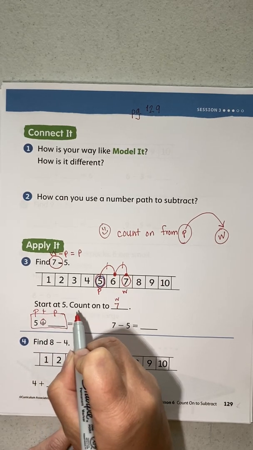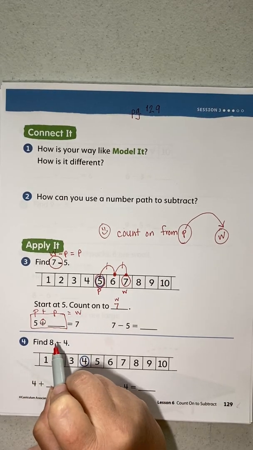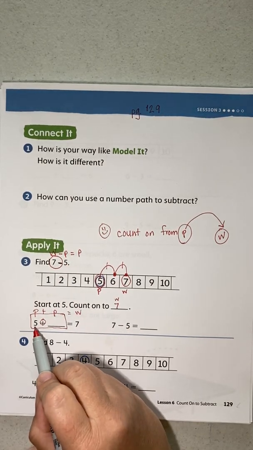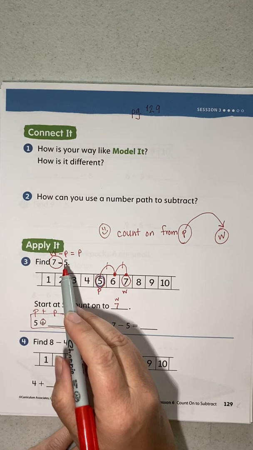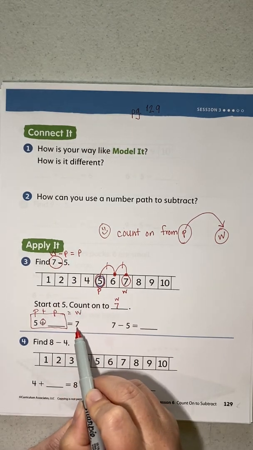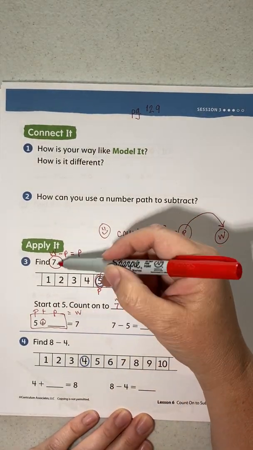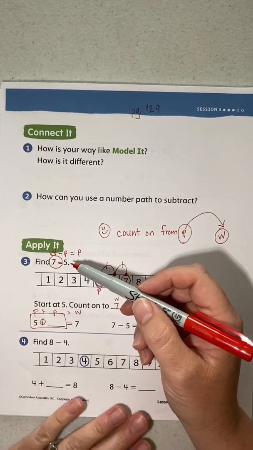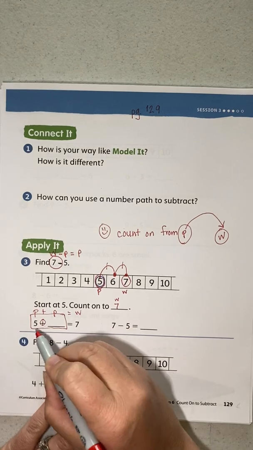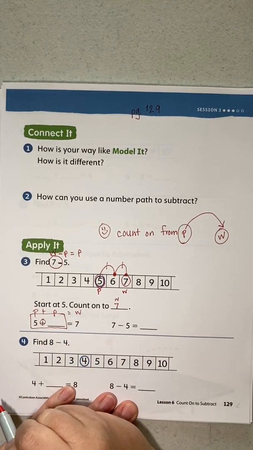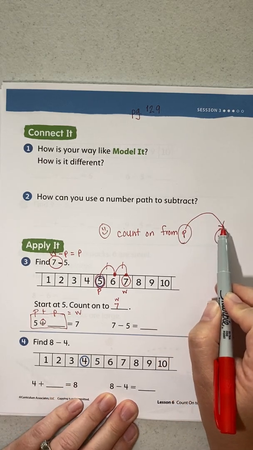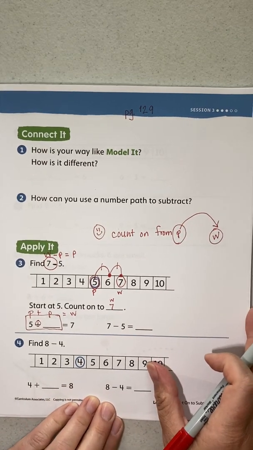A part plus a part equals a whole. We already labeled our part, whole up here. We have 5, and 7 is a whole. See how they're not changing. The symbol is changing, but the whole is still 7 and 5 is still the part. And we count from the part we know up to the whole.